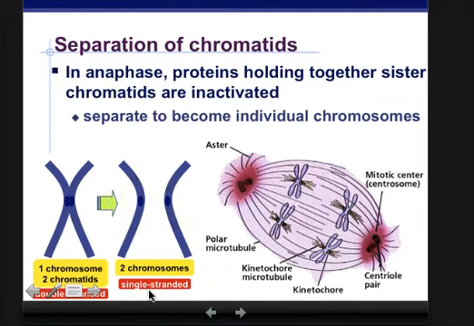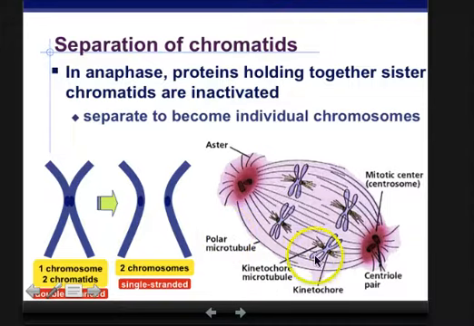So when we say chromosome, we don't necessarily always mean this. That's a critical thing to remember, that students often get confused by, that a chromosome always means the two chromatids together. But no, here we've got two separated chromosomes.